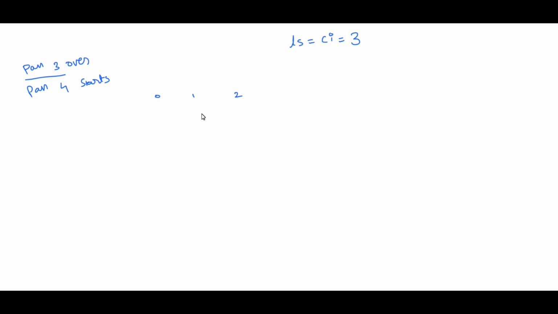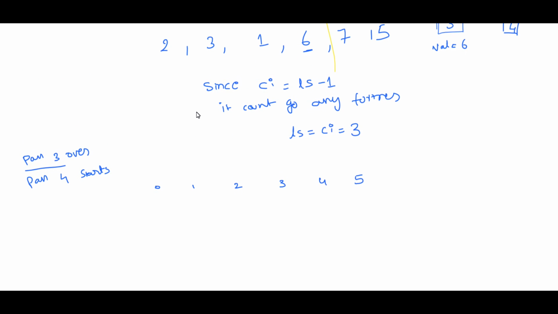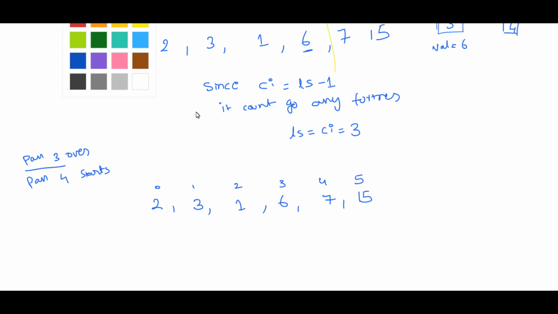Let's identify our indexes again. 0, 1, 2, 3, 4, 5. And what do we have here? 2, 3, 1, 6, 7, 15. Alright, so if you guys can see, this part is already sorted.